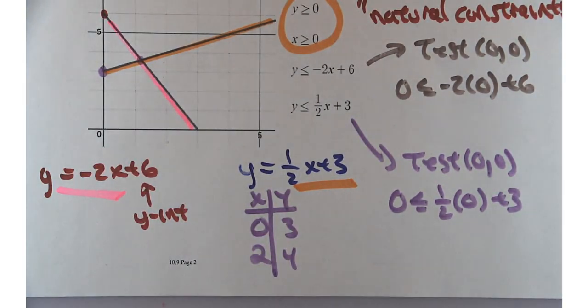So decide if those are true or false, decide where you want to shade, see if you can't come up with your solution.